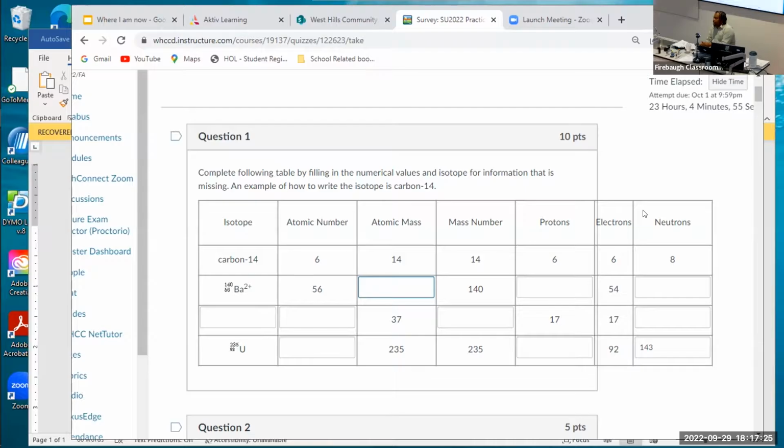Okay. Guys, how do we calculate the number of neutrons? What's that? The mass minus the protons. Okay. So, barium 2 plus, 140. Okay. So barium 2 plus 140. So what would be its atomic mass? What was that?